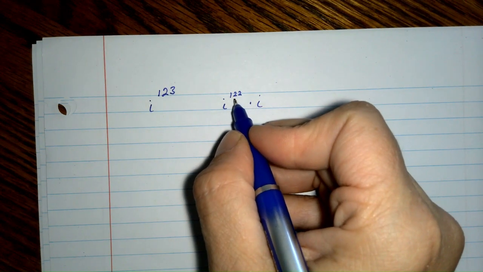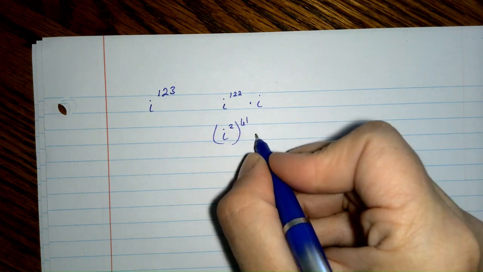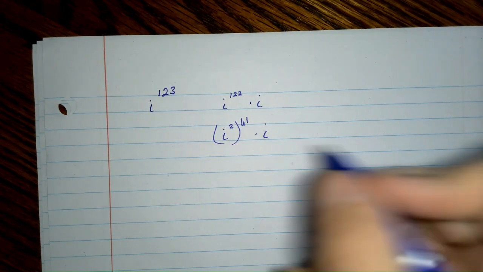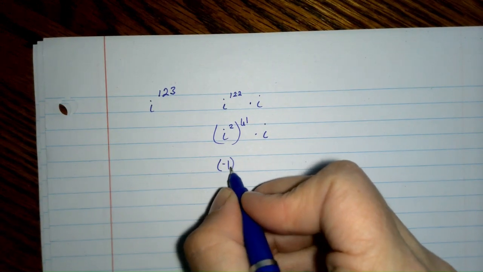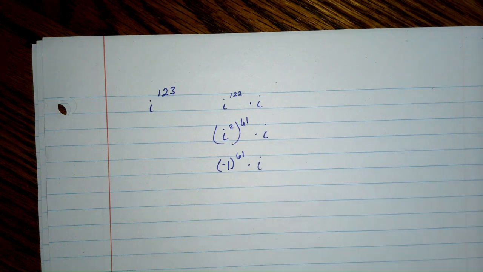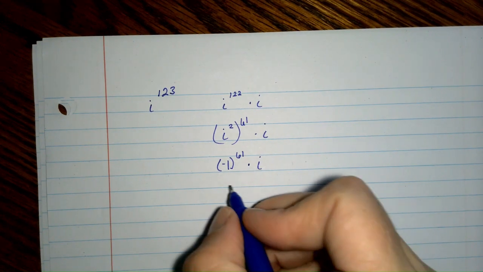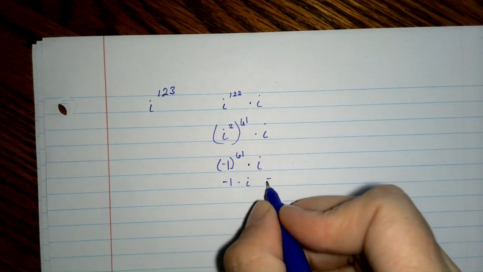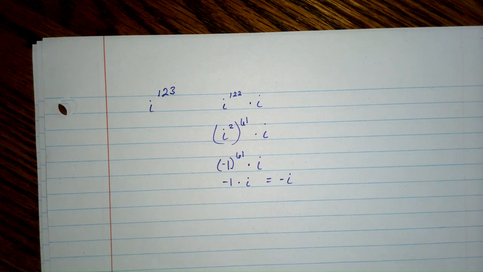And if I divide 122 by 2, that would be 61. Now I can substitute -1 in for i squared. So if I have 61 negatives, it would be negative. So that is your proper way to do i to any power.